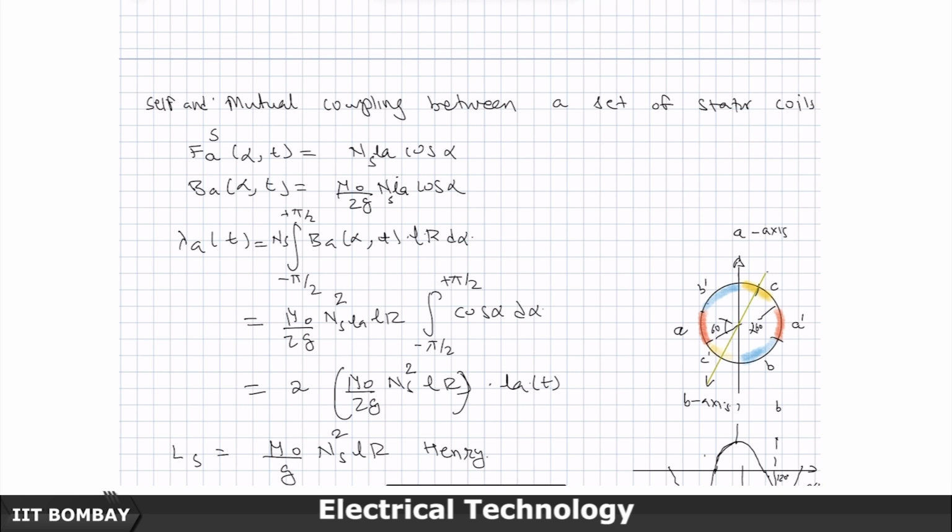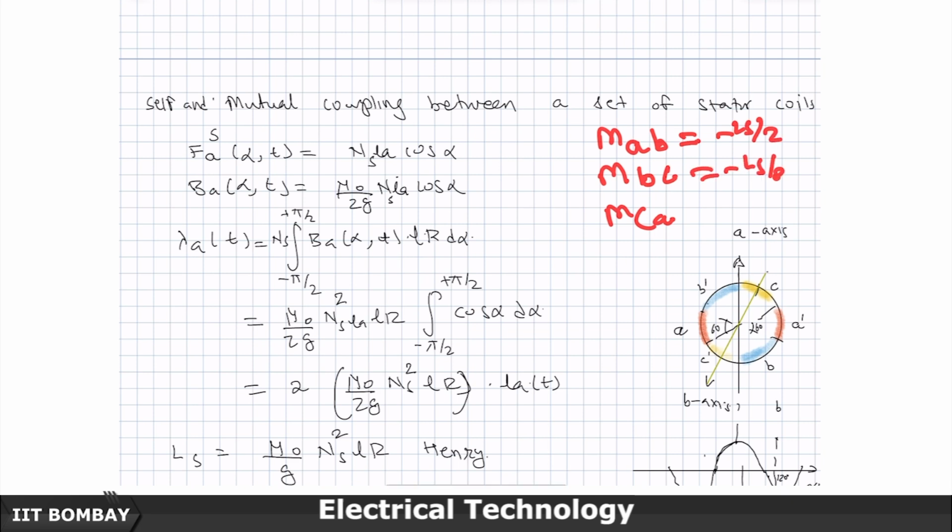We will assume that LR is some constant, and I am not going to calculate it. The self inductance LS I am going to calculate for the A phase, B phase, C phase, because I am then interested in the mutual inductance between the 2 stator windings, MAB, then between B and C, and between C and A. And I am going to show that this is minus Ls by 2.